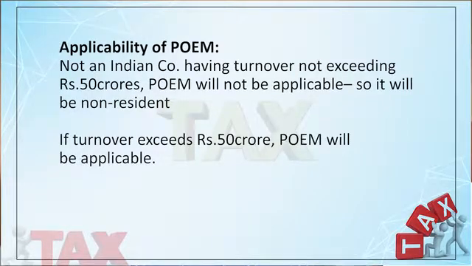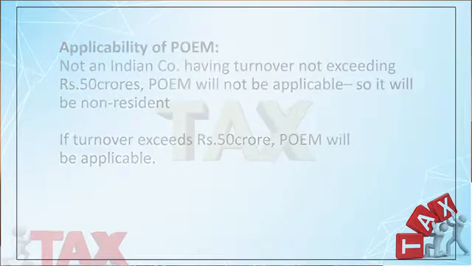If the gross receipt or turnover exceeds rupees 50 crores in a particular previous year, then the concept of POEM will be applicable. So, for a company that is not an Indian company having turnover not exceeding rupees 50 crores, the POEM will not be applicable. So, straight away you may consider this type of company as non-resident. So, there is a restriction in applicability of the concept of place of effective management.